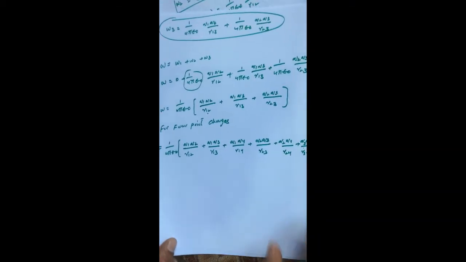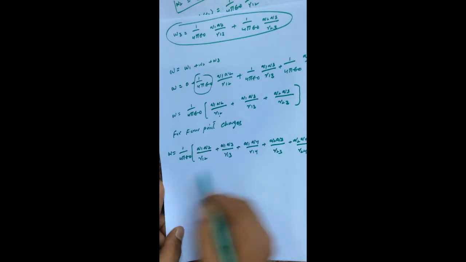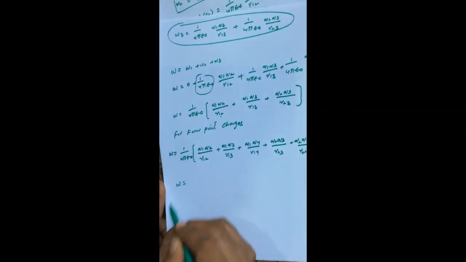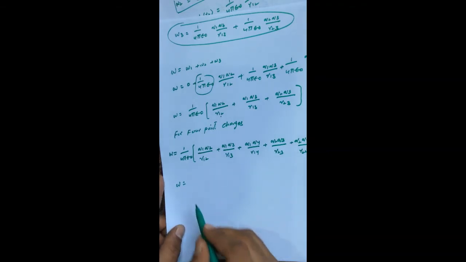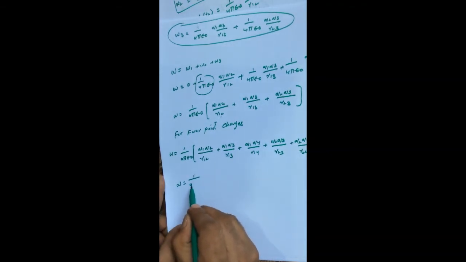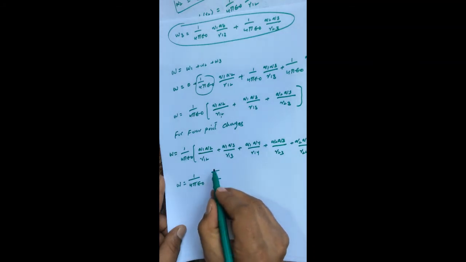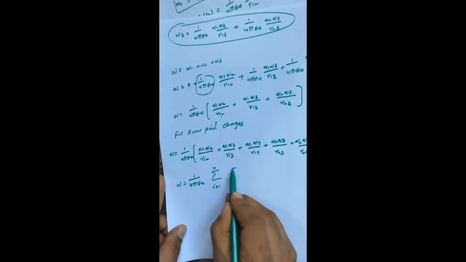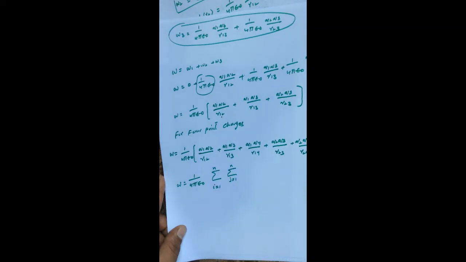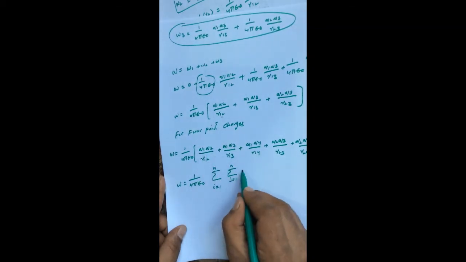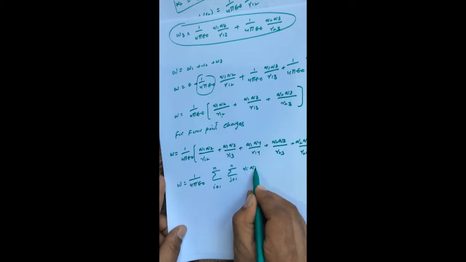If we have n-point charges, I can write it as W is equal to 1 over 4 pi epsilon naught, sum over i started from 1 up to n, sum over j started from 1 up to n, Qi Qj over Rij.